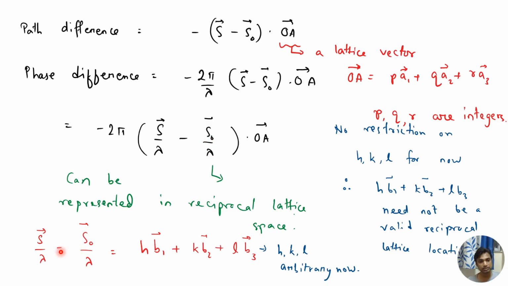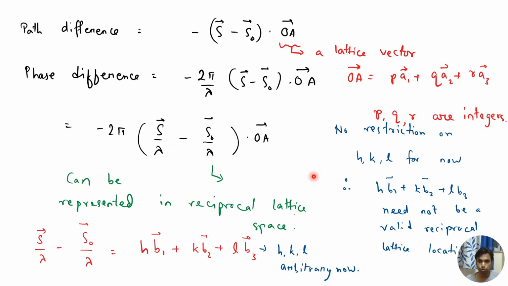So this S by lambda minus S naught by lambda can be written as H B1 plus K B2 plus L B3, where now this HKL can be any arbitrary values. They need not be just integers or just fractions. They can be any real values. We're just saying that this vector is right now in the reciprocal lattice space.